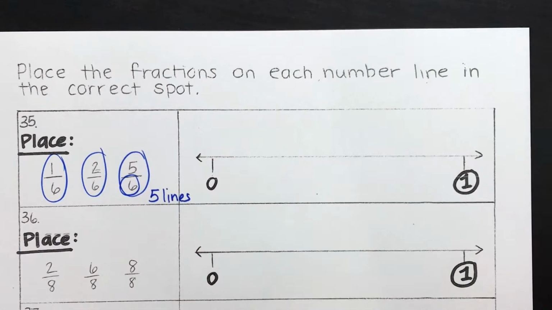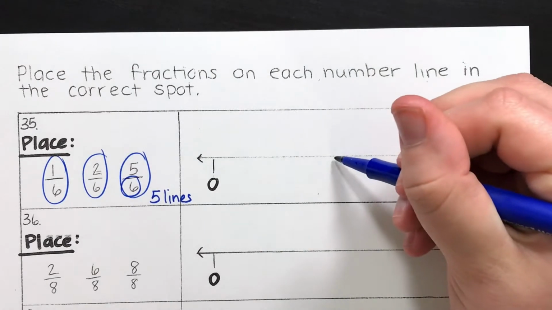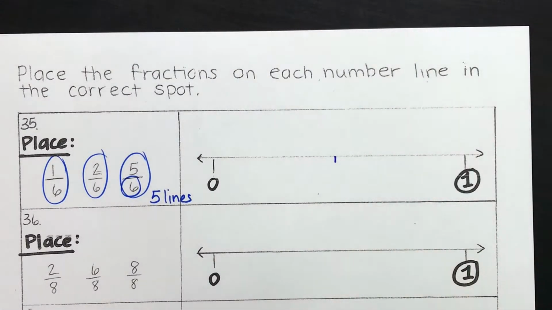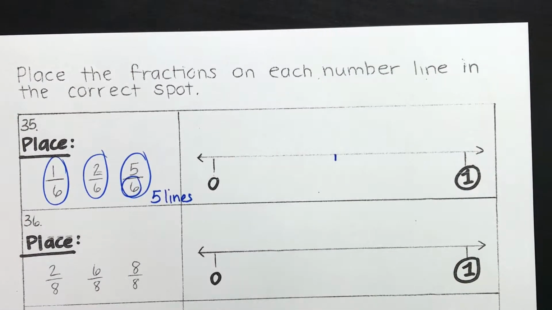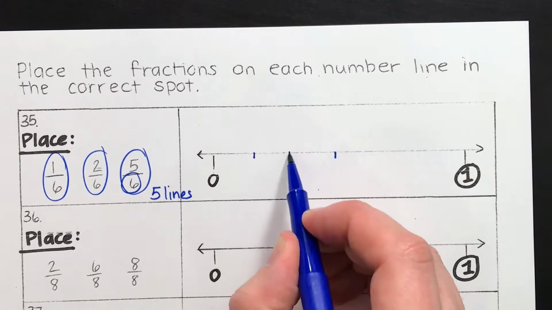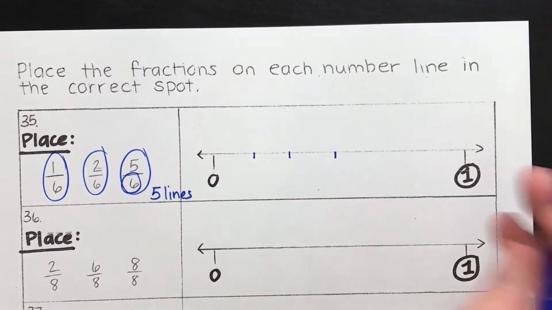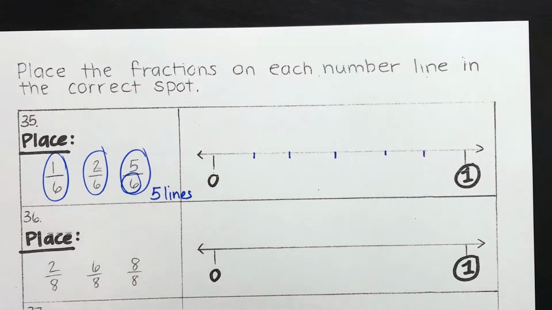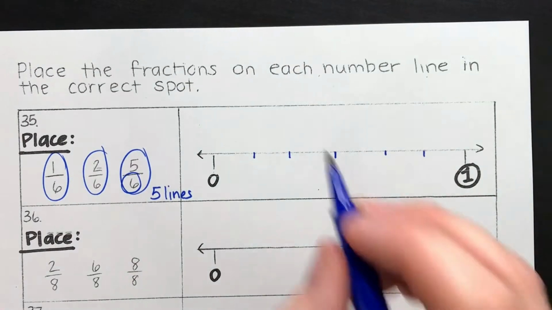And 6 is an even number, so we get to cut it in half first, which is my favorite thing. So cut it in half, and then in order to turn this into a number line in 6, we just have to put 3 parts on this side, 3 parts on this side. So that is a number line cut into 6.